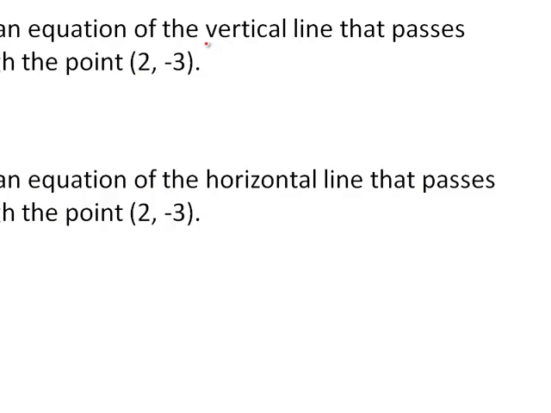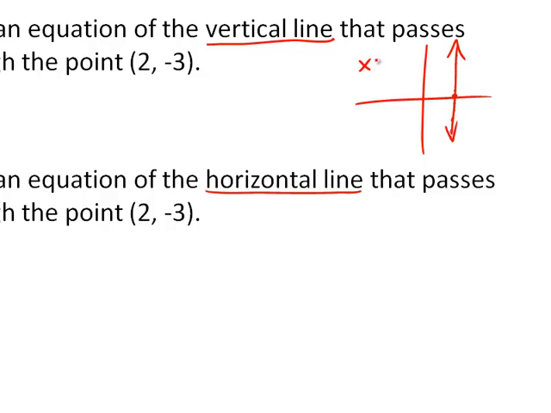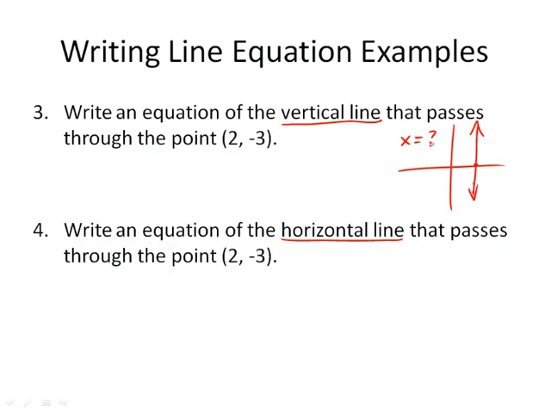What if you have a vertical line or a horizontal line? Well, writing a line equation for a vertical line and horizontal line is as simple as recalling what a vertical line looks like and why. So a vertical line will always have the same x value. So it'll be of the form x equals something.